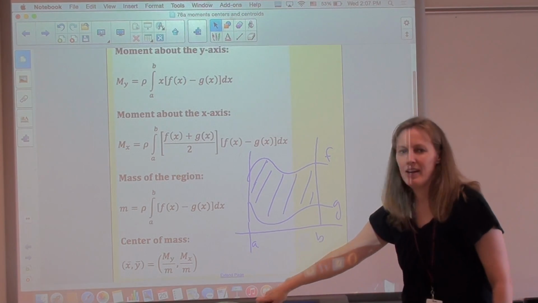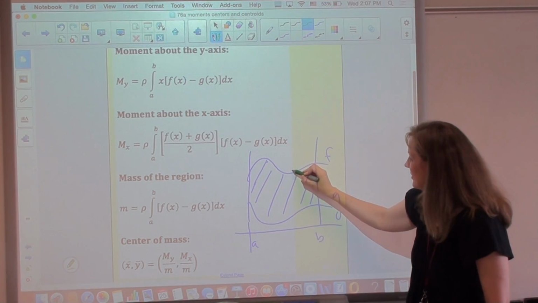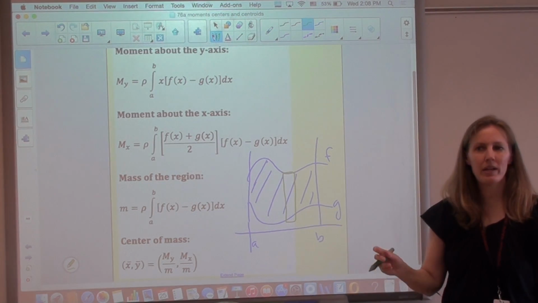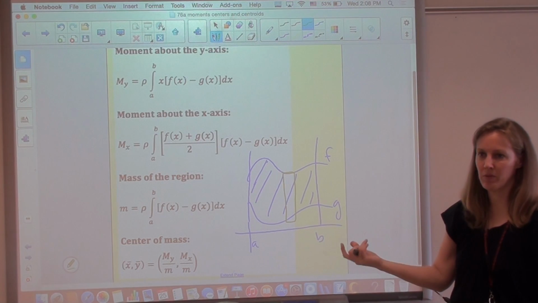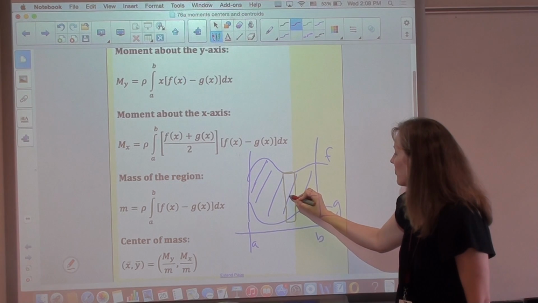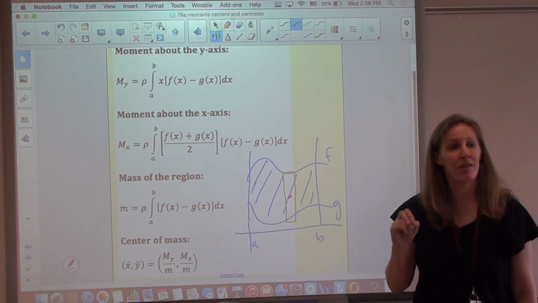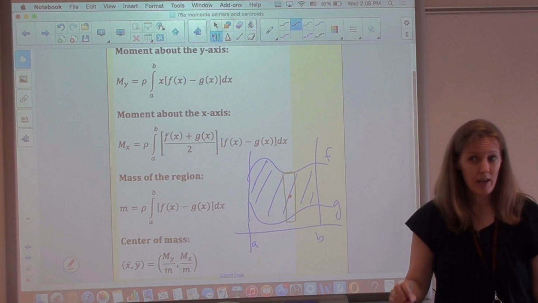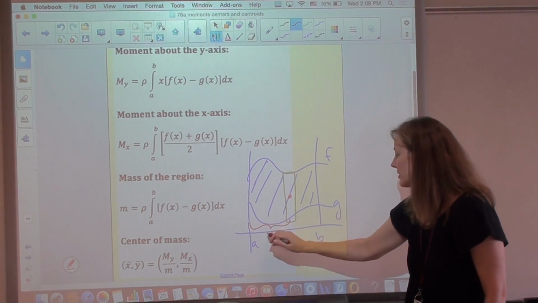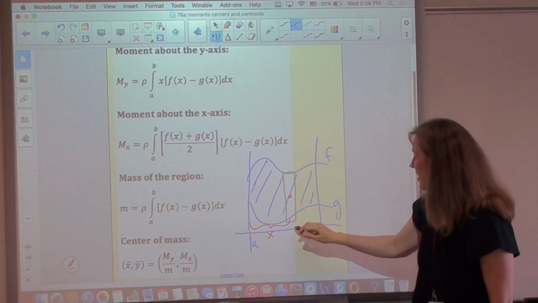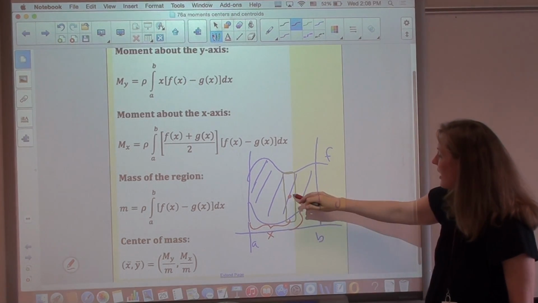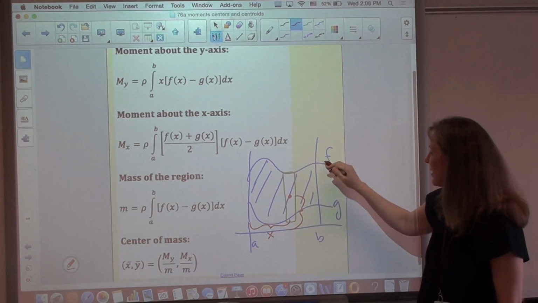You take a rectangle. So take some little rectangle in here. If you break it into teeny tiny rectangles, I'm going to use a big one just for demonstration purposes. If we want the center of mass of that rectangle, the center of mass would be at some distance x, and then the height, let's draw this sideways, the height to get this y value would be the average of these two.